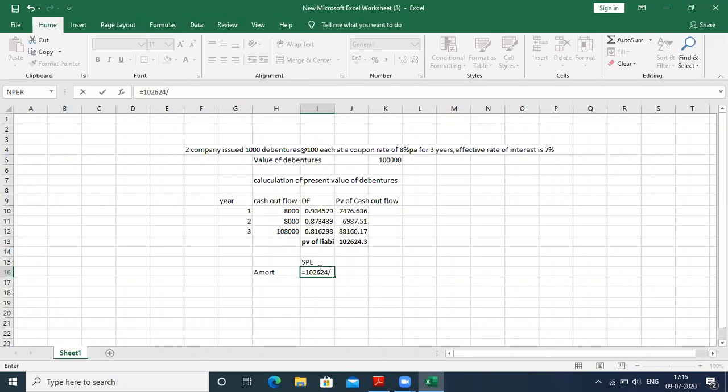Here, the debt will be repaid within a period of 3 years. So 34,208, that is the total amortization value, and we should also charge the finance cost. So how to calculate the finance cost? Here we need to calculate the finance cost on this particular present value amount into the effective rate of interest, that is 7%.